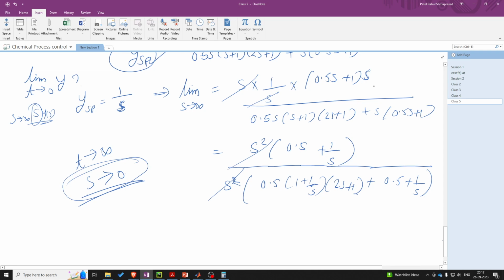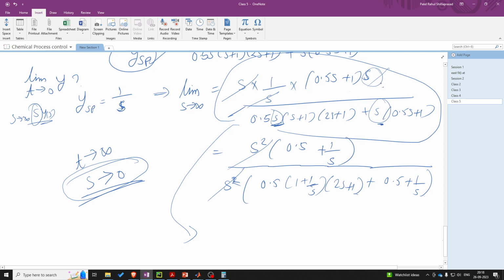Correspondingly we don't need to take s square common from this denominator; we can just put the value of s tends to 0 in this term. Again we can see that this term s is present in all the terms, so it will get cancelled out.